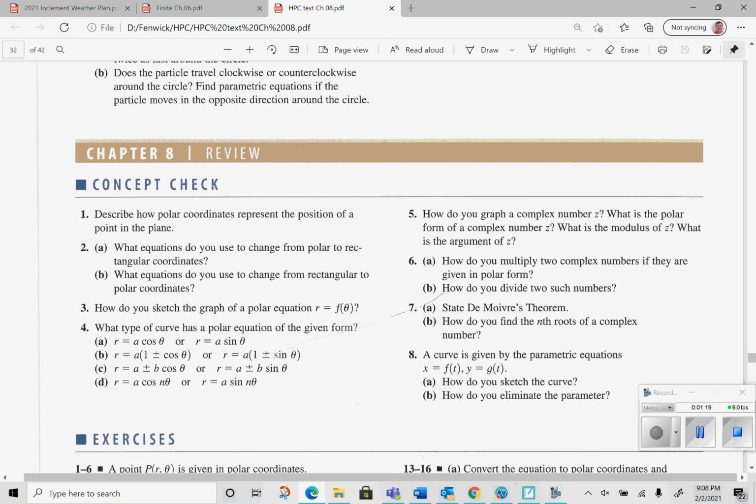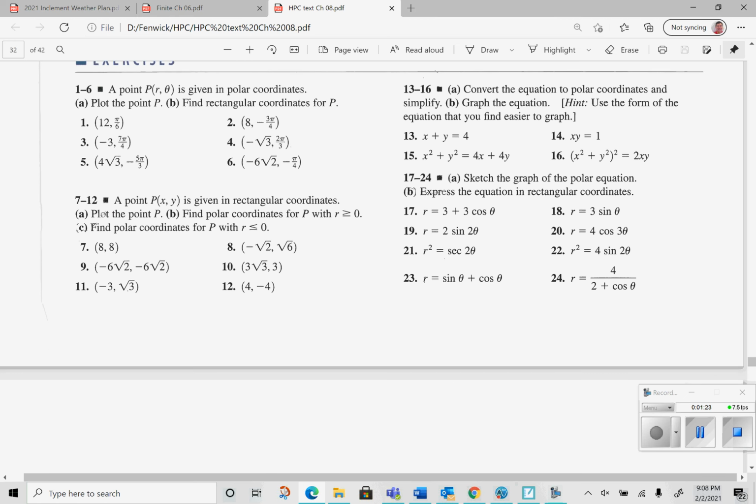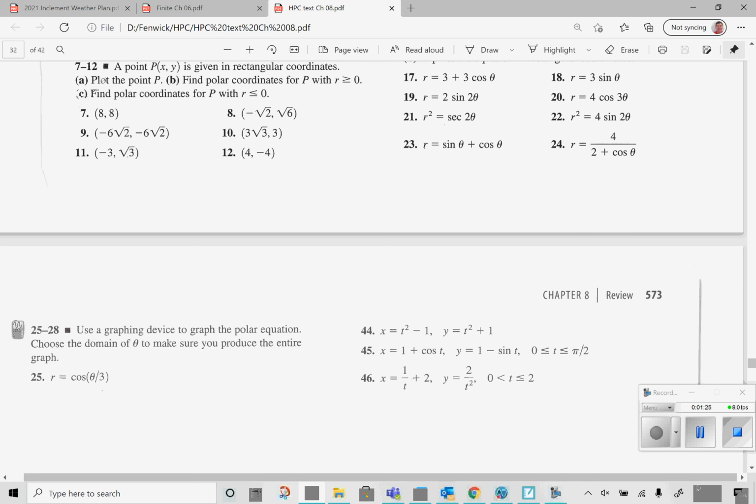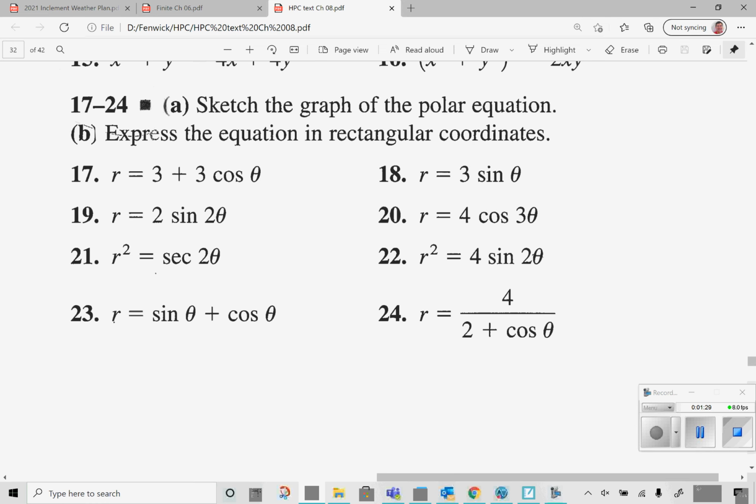But if you take a look at the equations that they gave you that were in polar form and asked you to graph them, just about every single one of these is solved for r. You'll notice on the right-hand side, you don't see the variable r at all.